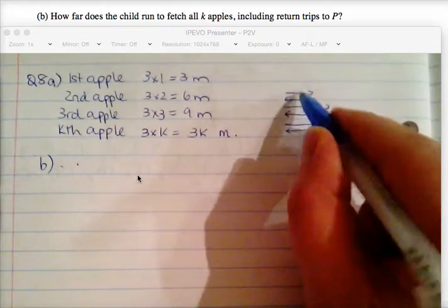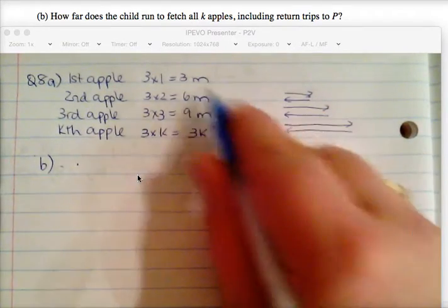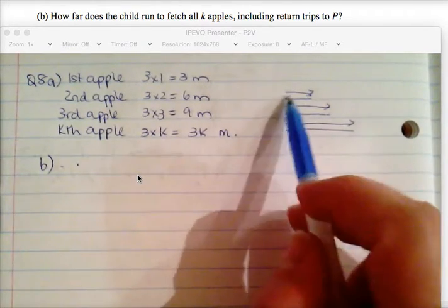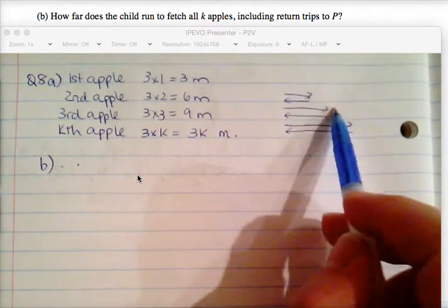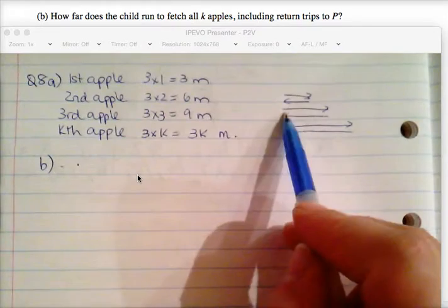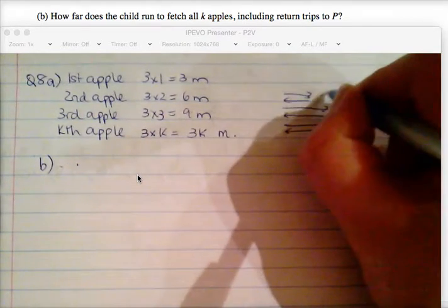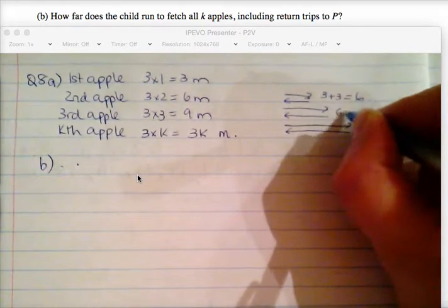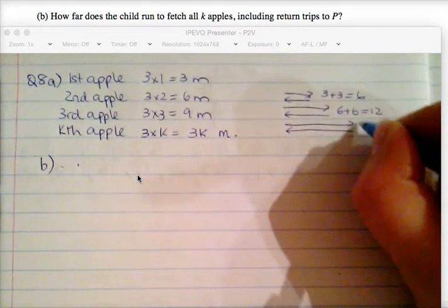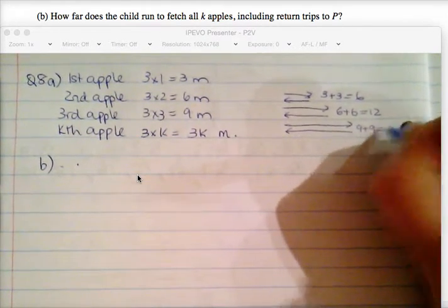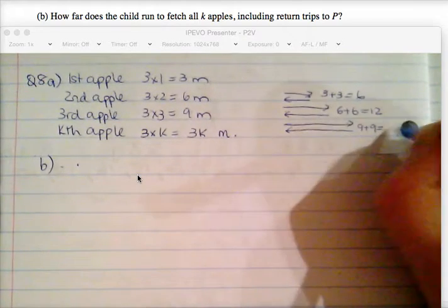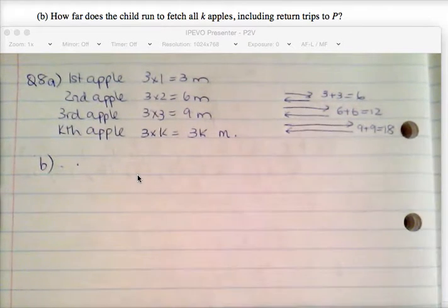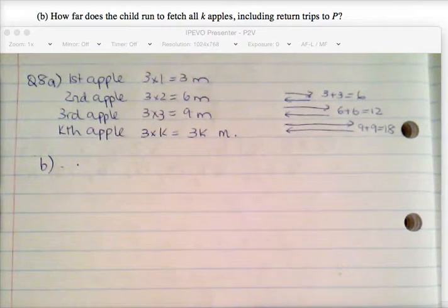We can either say a return trip is going to be double the 3 meters, so the first return trip is 3 plus 3, which is 6, and the second one is 6 plus 6, which is 12. And the third one is 9 plus 9, because it'd be 9 forward, 9 back, which is 18. This is one way that we could have a look at it.